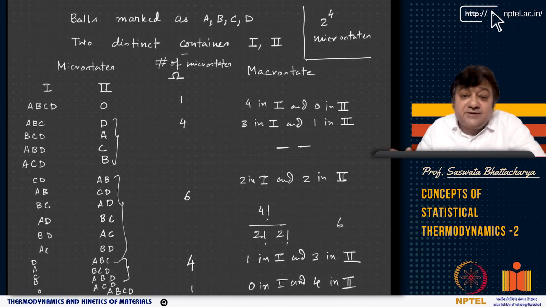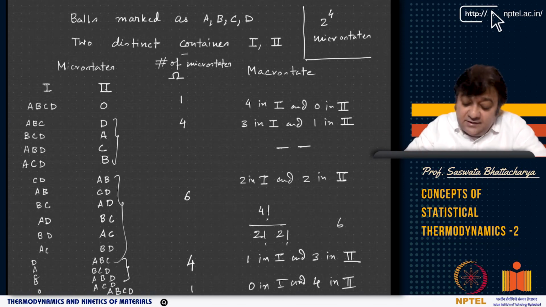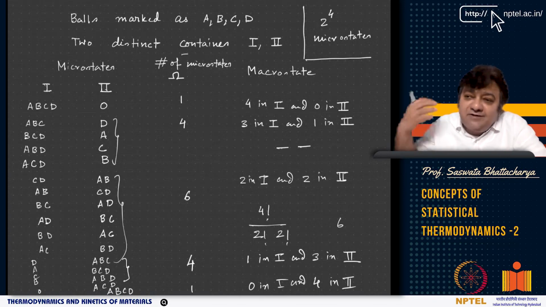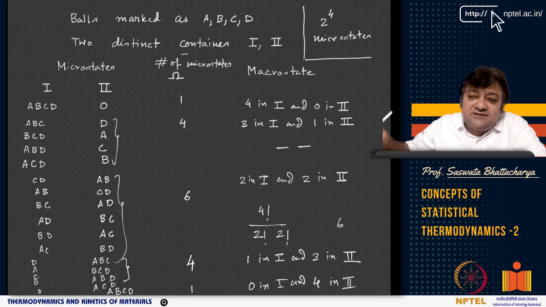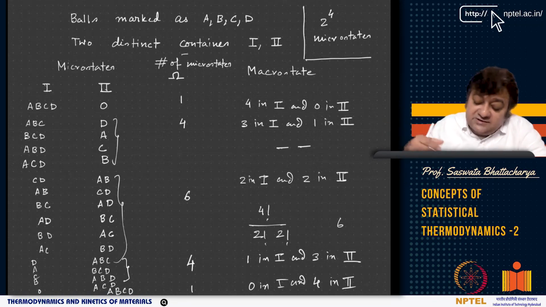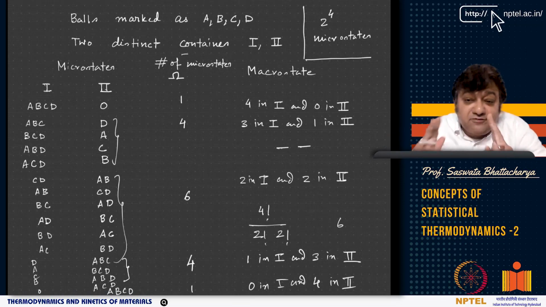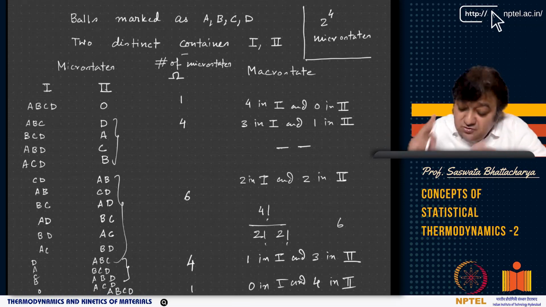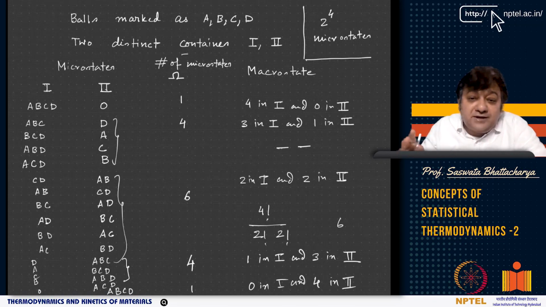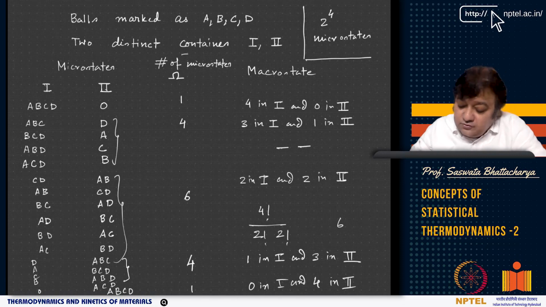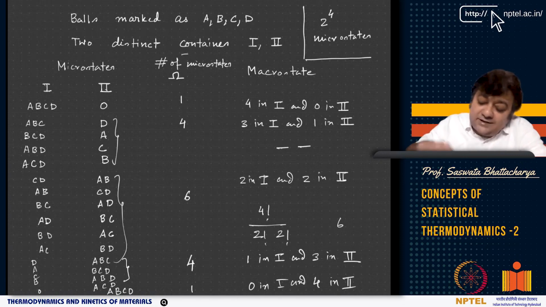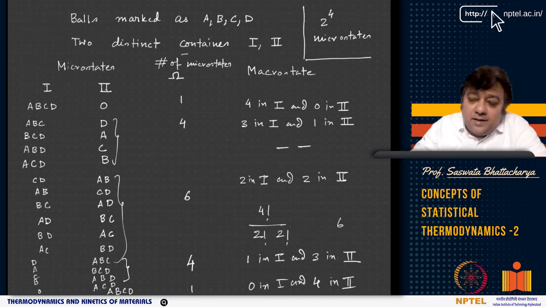There are 2 ways of putting A or B or C or D. Whatever be the number of distinct balls or distinct objects that I have, I have 2 distinct placeholders. In these 2 distinct placeholders, there are only 2 ways I can put these balls. I can put A either in 1 or in 2. Similarly, I can put B either in 1 or in 2. It does not depend on whether I have put A in 1 or A in 2, right? So again, that's an independent event.